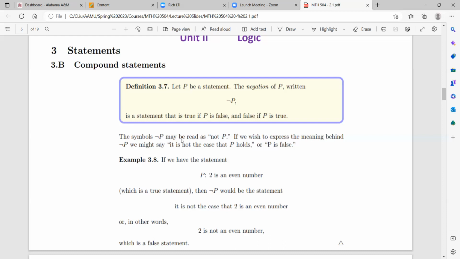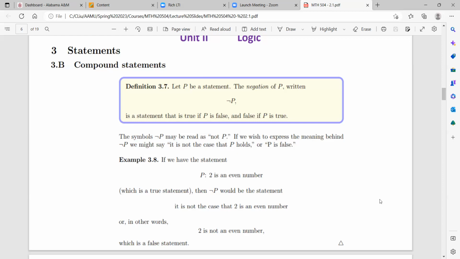So the symbol of this, you can read it as not P. If we wish to express the meaning behind this negation of P, we can say it is not the case that P holds, or P is false. And in many cases, it would be safer to say it is not the case that P holds, especially when P is a non-statement.